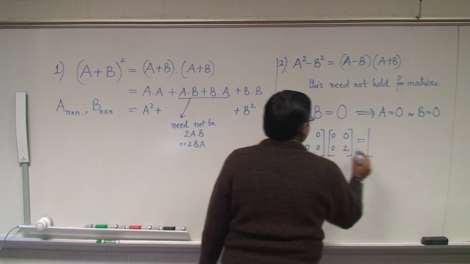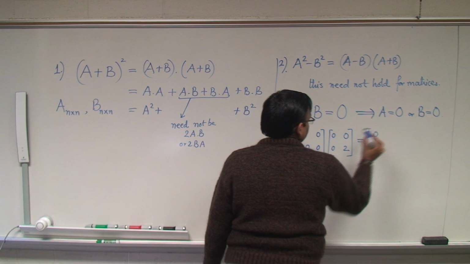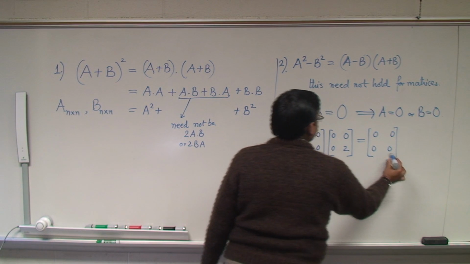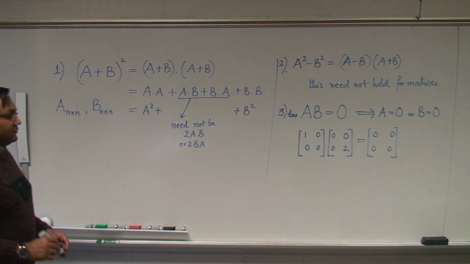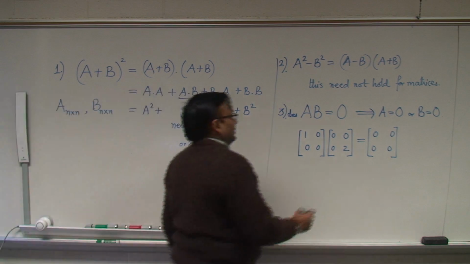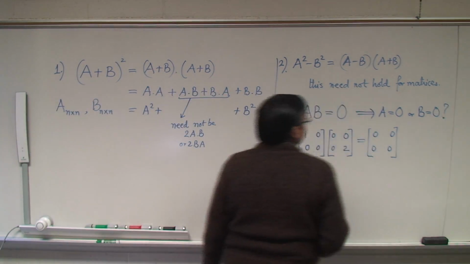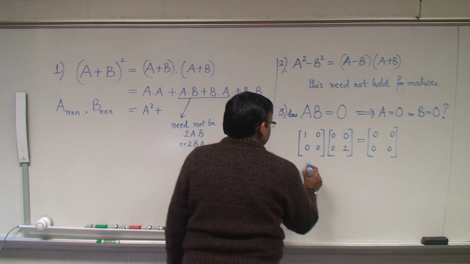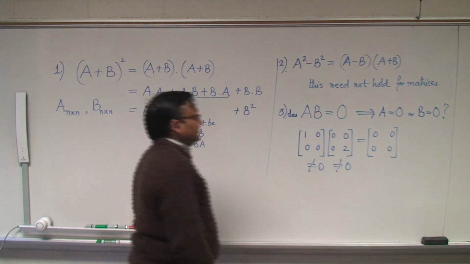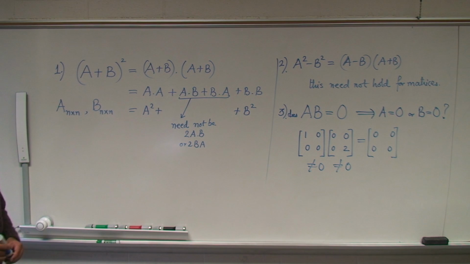If we multiply these two matrices, 1, 0 times 0, 0 gives you 0, 1, 0 times 0, 2 gives you 0, and you have 0. Okay, so A times B is 0, whereas neither A nor B is 0. So two non-zero matrices can combine to give you a 0 matrix. So we cannot say for sure that this is true. This is not a 0 matrix, this is not a 0 matrix, and yet we have a product as 0 matrix.